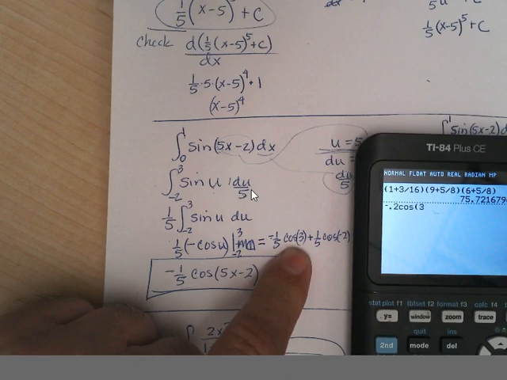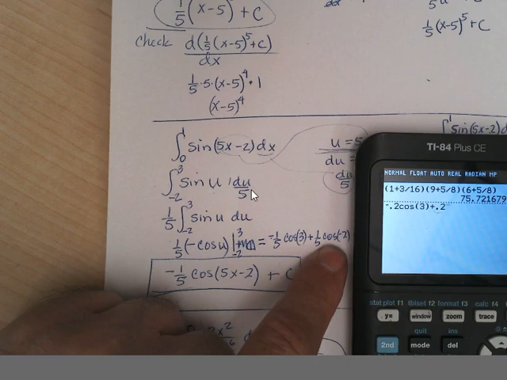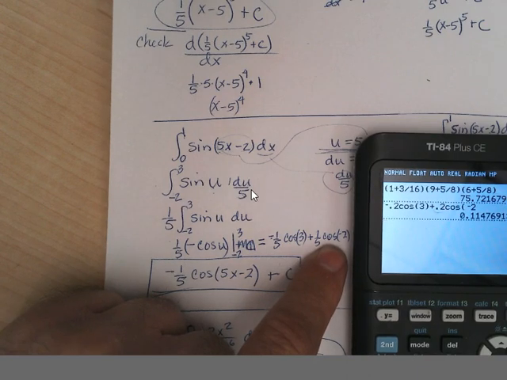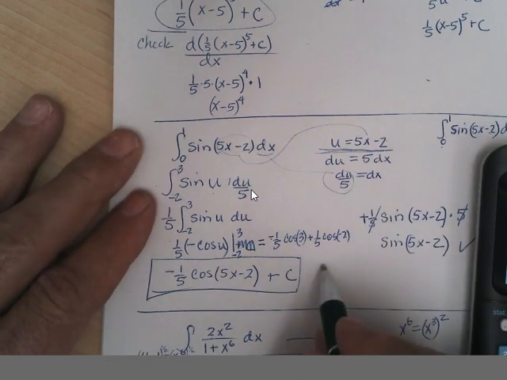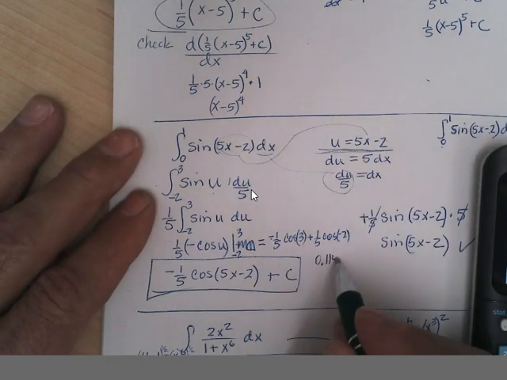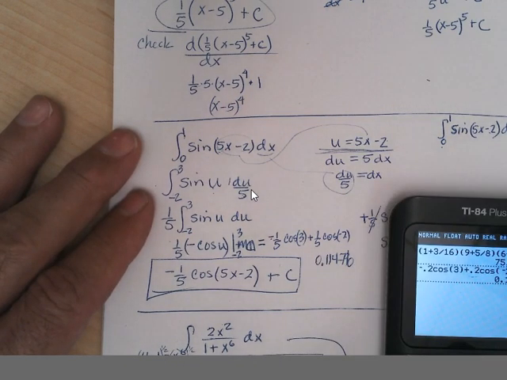Cosine 3 plus 0.2 cosine negative 2. And I get 0.114769, whatever. Okay? Let's remember that.